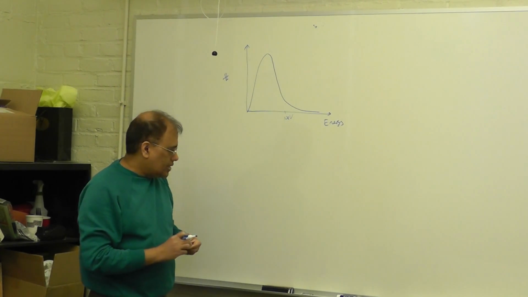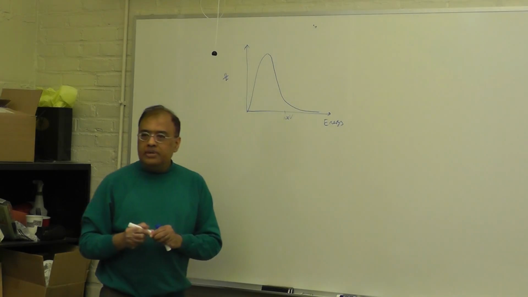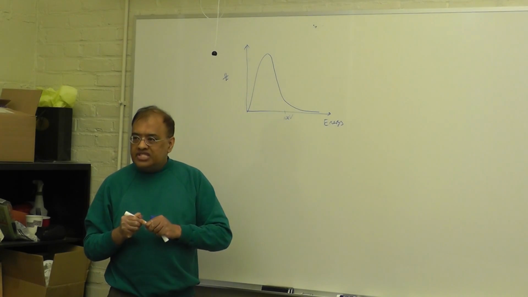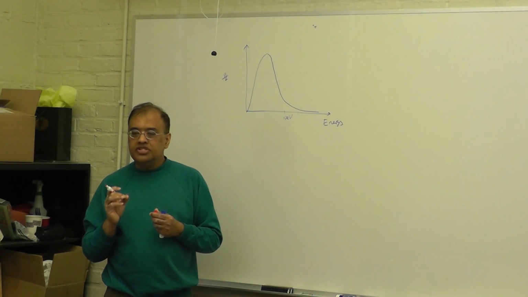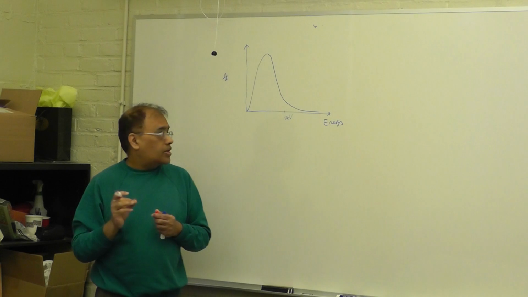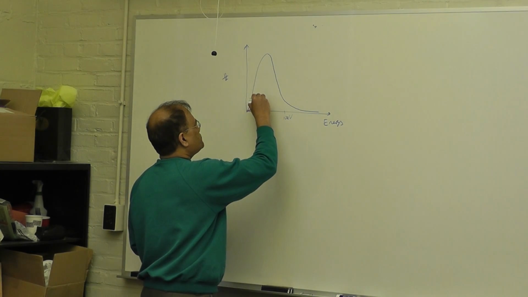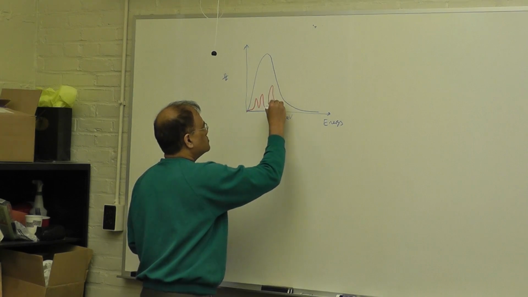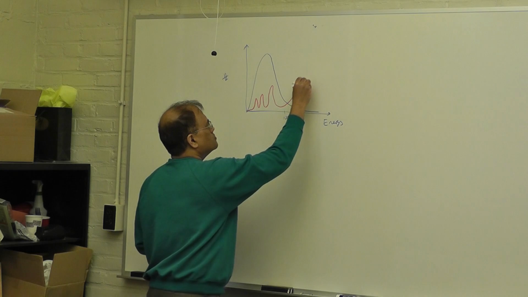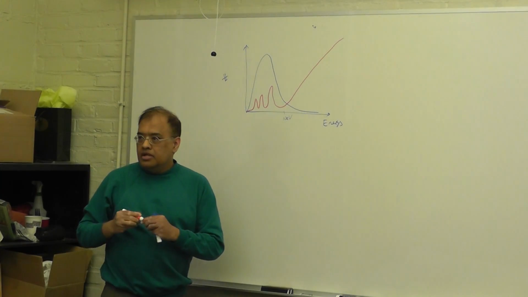Okay? Now what I'm going to do is to plot on this same graph the probability of dissociating a molecule, a generic molecule, as a function of electron energy. Okay? And what you see is that, that's what that looks like.